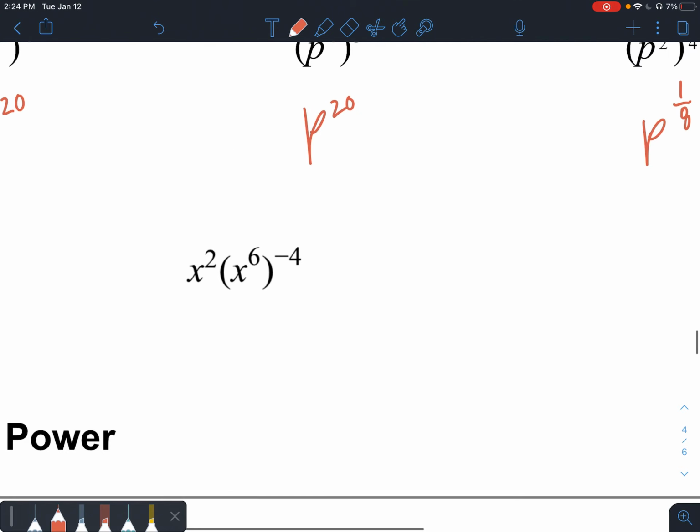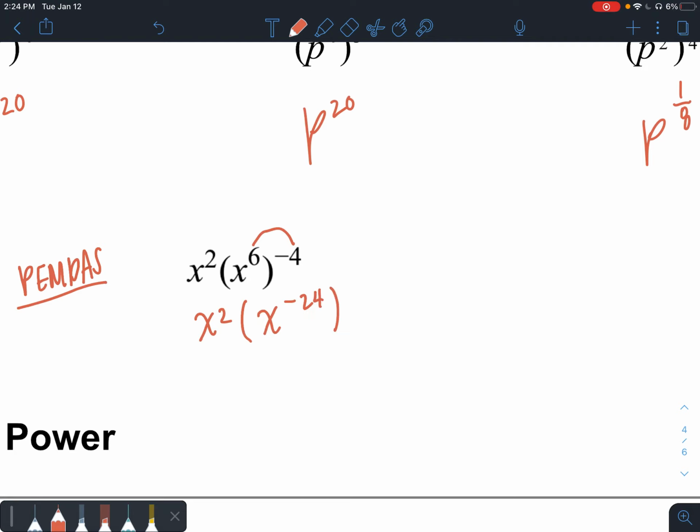All right, this one's a little tricky. We have to do PEMDAS. With PEMDAS, I need to do my exponent first. This is an exponent to an exponent, so we want to do that first. So we have x squared times x to the negative 24.